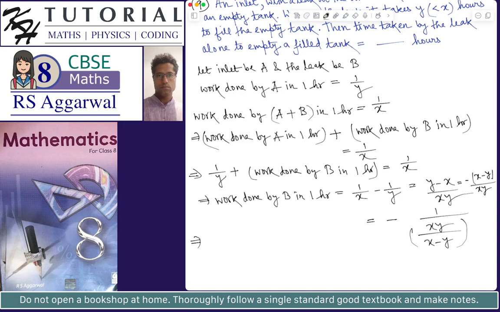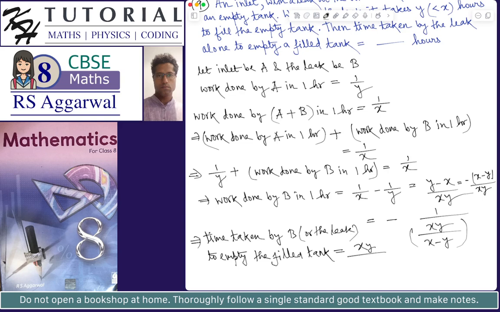So now we can say that the time taken by B, or the leak, to empty the filled tank, that is completely empty a completely filled tank, should be equal to xy divided by x minus y hours. So this is the answer, xy divided by x minus y.